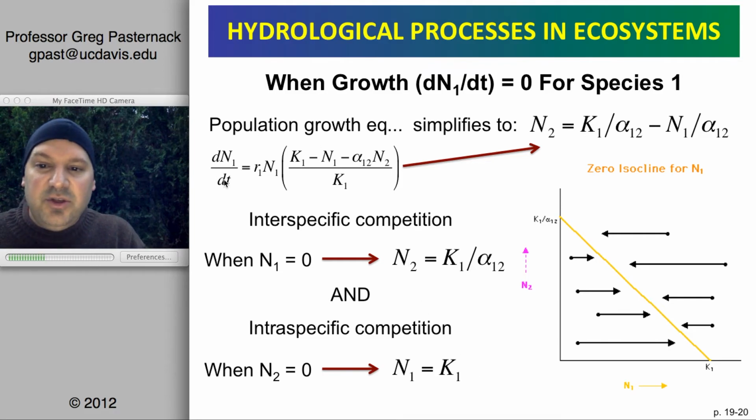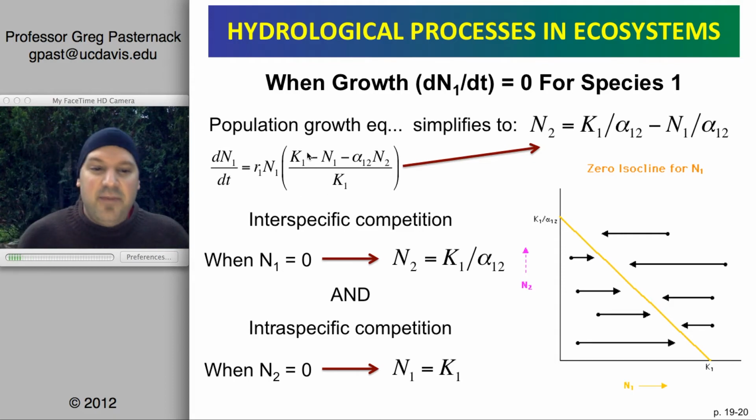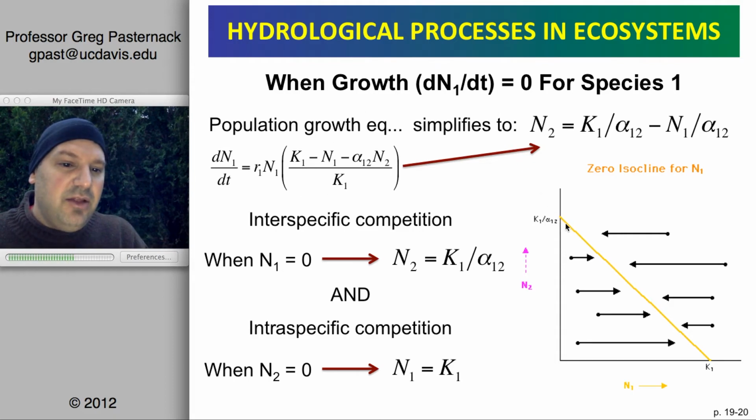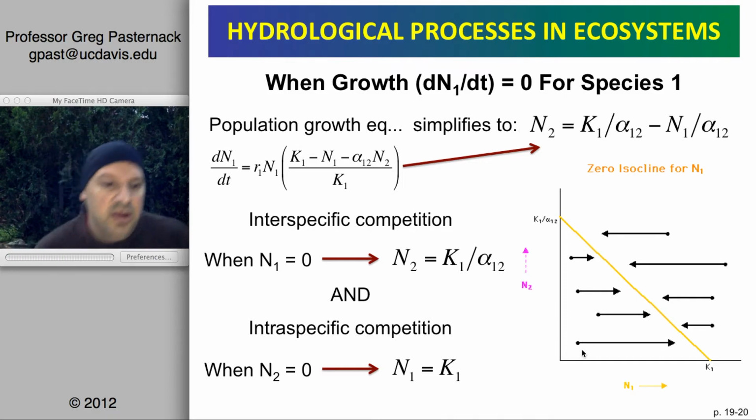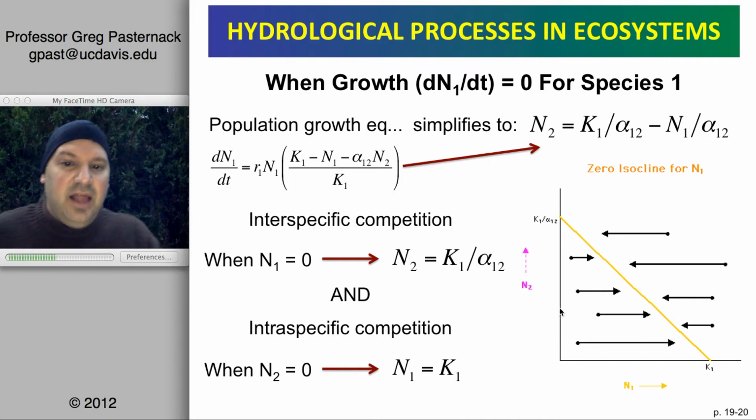If you go back to the original equation, it says growth is proportional to the carrying capacity equation plus this interspecific competition. Well, if I set N2 to 0, then we just go to that carrying capacity. And so this yellow line shows the line that's given by these two N numbers in this equation. And you can see that in this function, N1 will be growing until you hit that line.